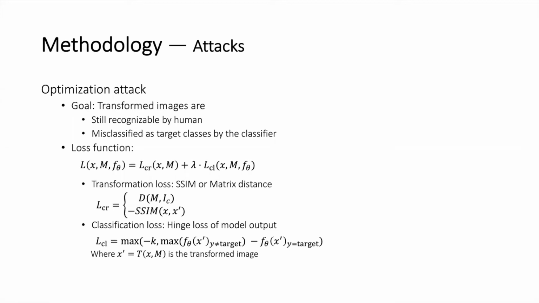The first term is the transformation loss, which can either be the matrix distance or the negative of SSIM. The second term is the classification loss, which tries to maximize the model output logit of our target class. Here K is the confidence level, which controls how much larger we want the target logit to be. The optimization attack can find strong adversarial examples with the least transformation required.